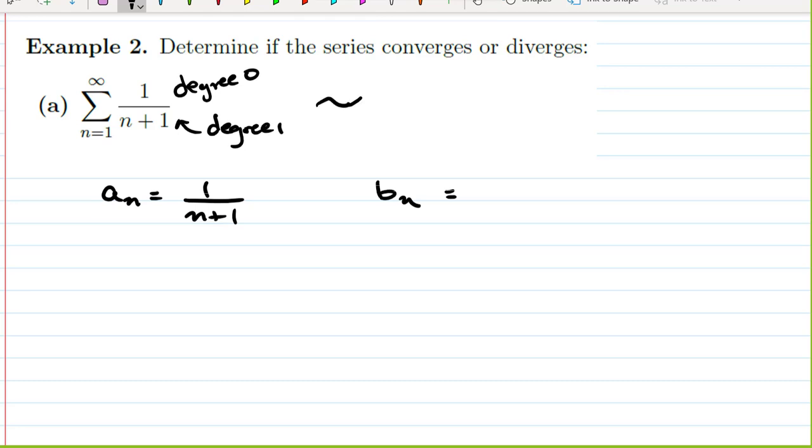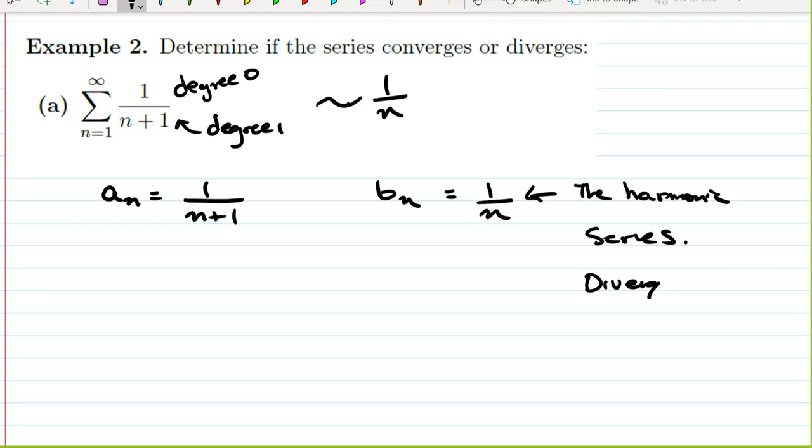So this is going to be pretty close to 1 over n, which is what I'm going to want to compare this with. And if we remember, I think it was last time, this guy is the harmonic series. And the harmonic series is a known divergent series. Because this is degree 0 and degree 1, so they're about the same for these.